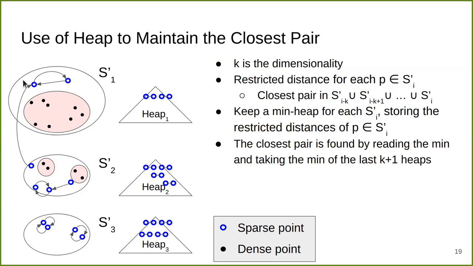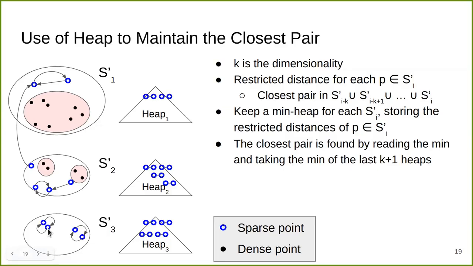Remember earlier we talked about how for each of these levels, we have a sparse set, which is the white region. The white region contains the sparse points represented by hollow blue circles. For each of these sparse points, we find the restricted distance. It is defined as the distance to its closest sparse point in its own level as well as k levels before, where k is the dimensionality.